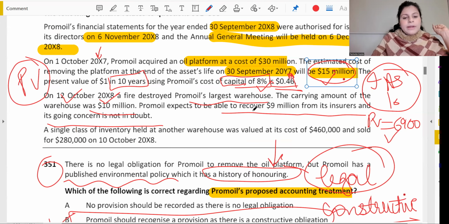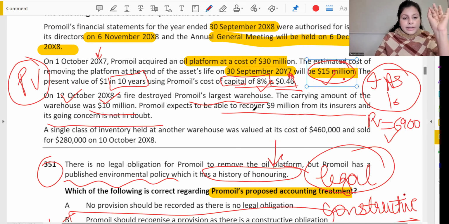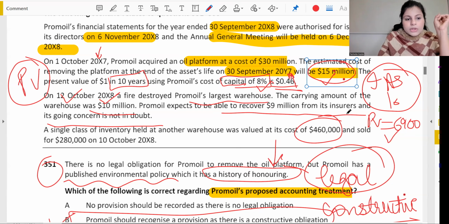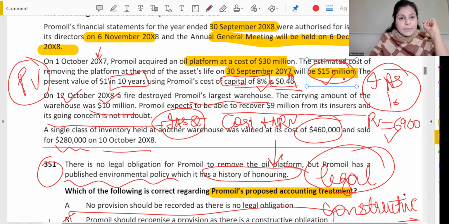Then sale of inventory. What are they saying about inventory? They are saying that the single class of inventory held at another warehouse was valued at its cost and was sold for this much on 10th October. So as per IAS 2, at what amount do I measure my inventory? Lower of cost and NRV. And that's your duty, to estimate what would be the NRV and what would be the cost and take the lower of it.